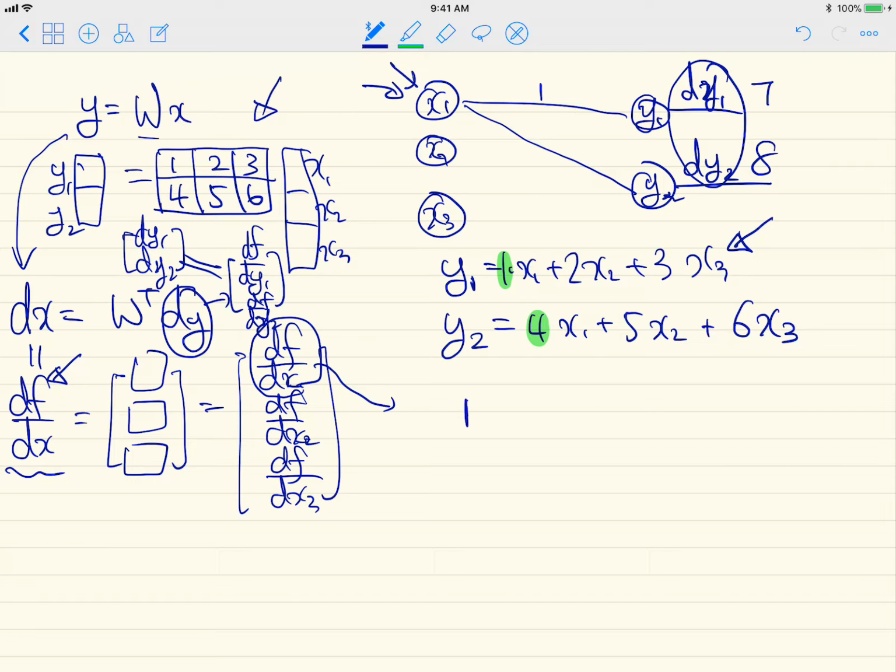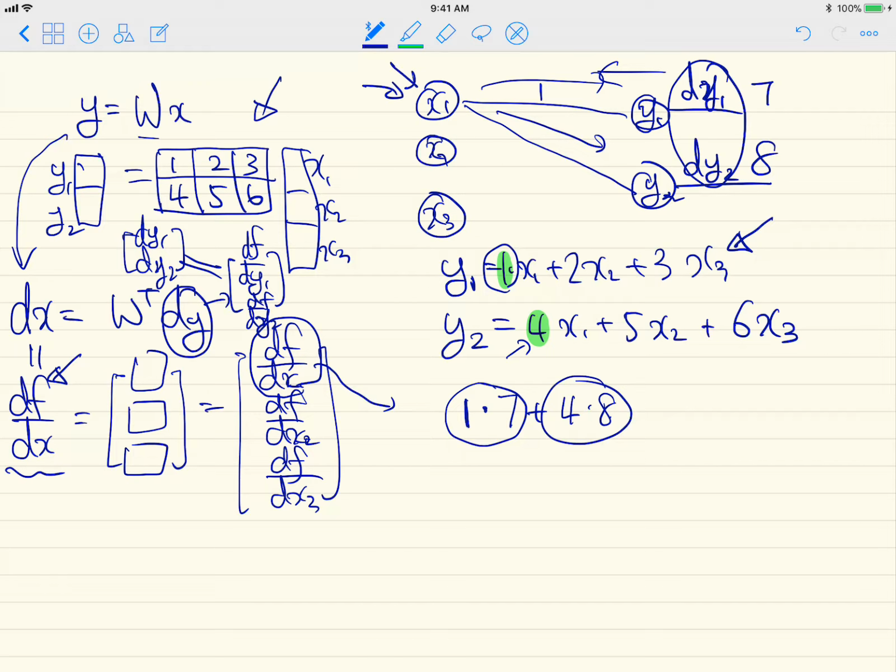It is 1, because the coefficient is 1. And for y2, the partial derivative with respect to x1 is 4. Thus it can be represented as 1 times 7 plus 4 times 8. Is it correct? Because we have two branches, one gradient comes from the upper node and the second comes from the lower node, right?